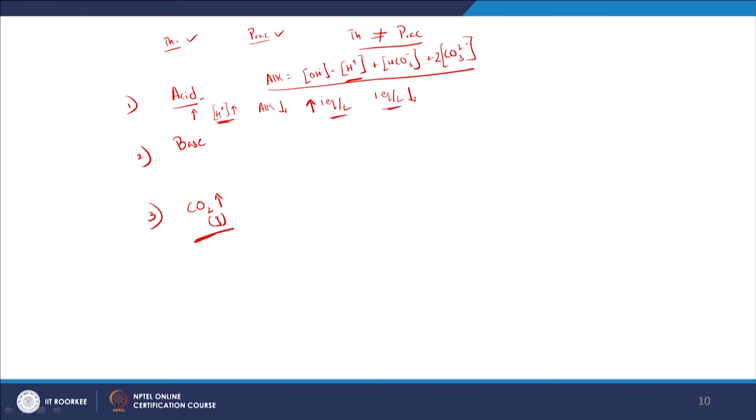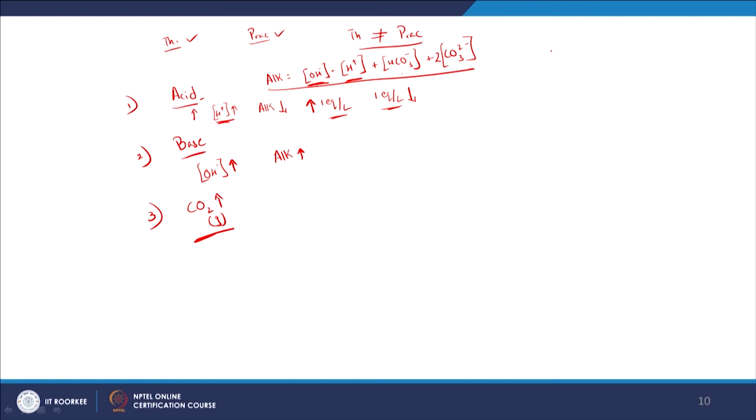But now let us look at the condition of the base, where I add OH minus to my particular system. What would that lead to? It will lead to an increase in my alkalinity. Again, keep in mind that all the other variables are going to change too.